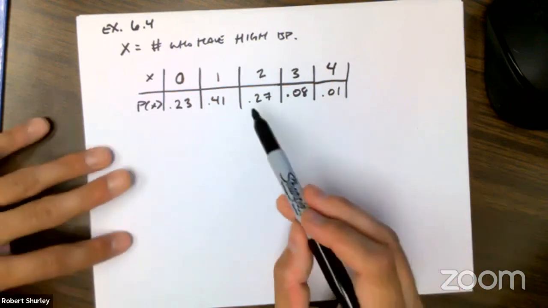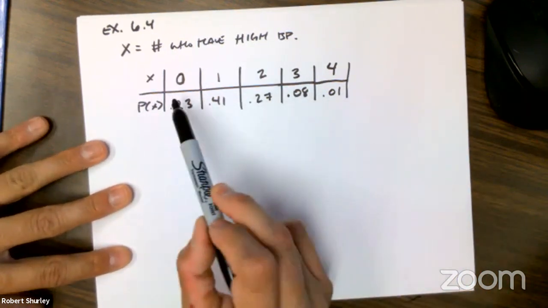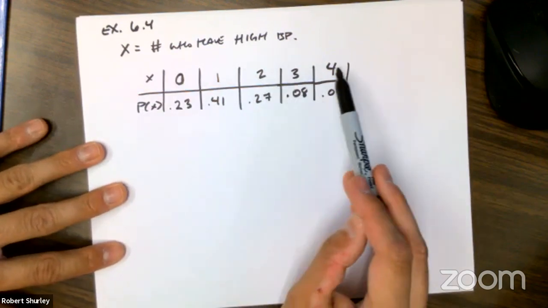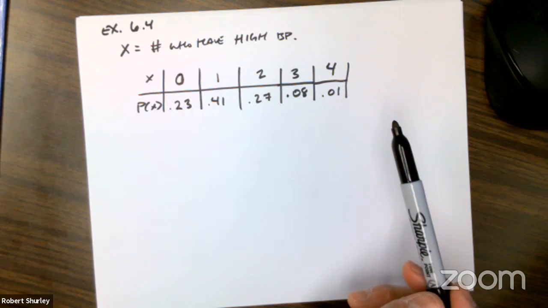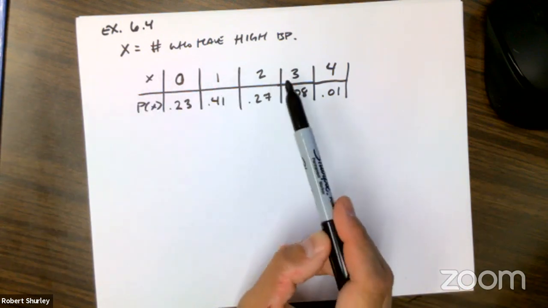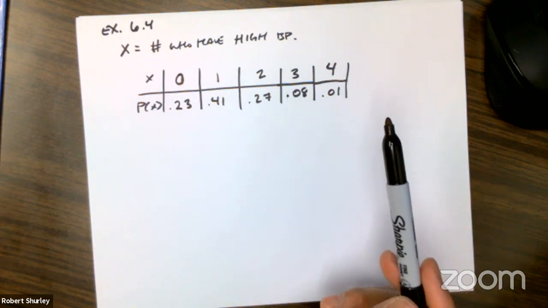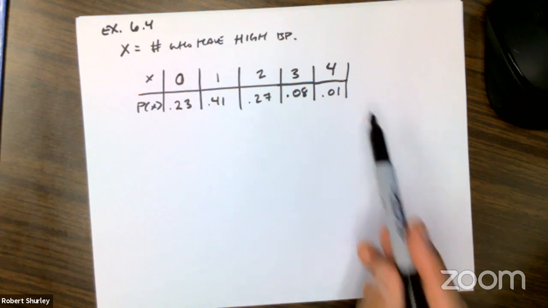Now look, these have to add up to 1 because this is all the options that we have. If 4 people come into our clinic and we want to know the probability of none, 1, 2, 3, or 4 having high blood pressure, this is it. 5 can't have high blood pressure because there are only 4 people.